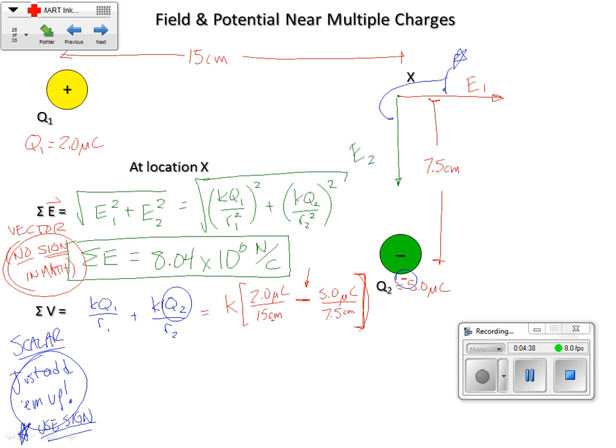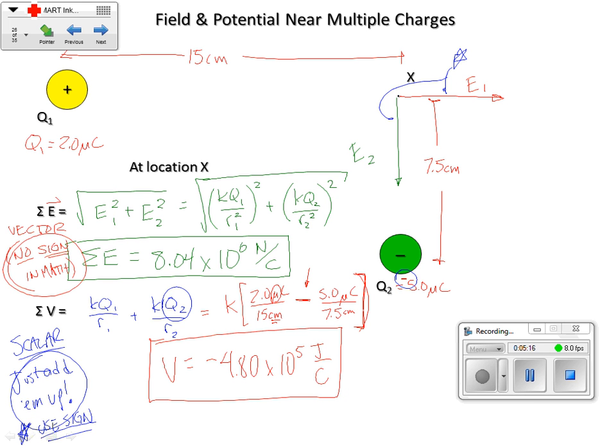Of course, change these to meters, and change those to times 10 to the negative 6. Let's see, 2e negative 6 divided by 0.15 minus 5e negative 6 divided by 0.075, times 9 times 10 to the 9th. And I get a potential of negative 4.80 times 10 to the 5th joules per coulomb.